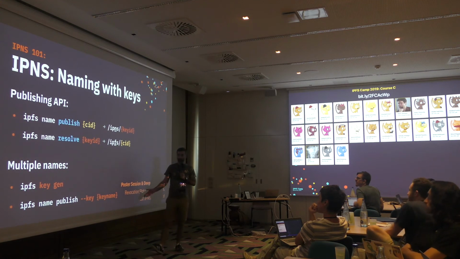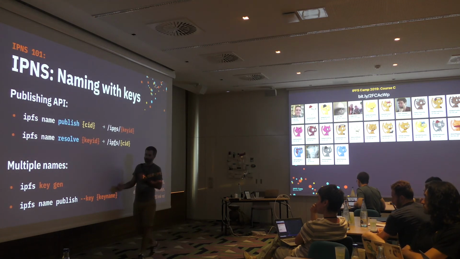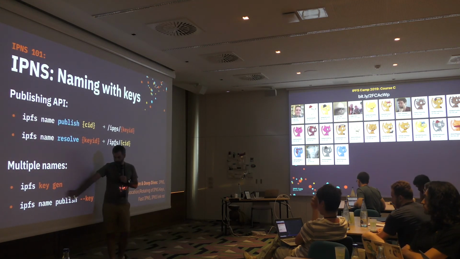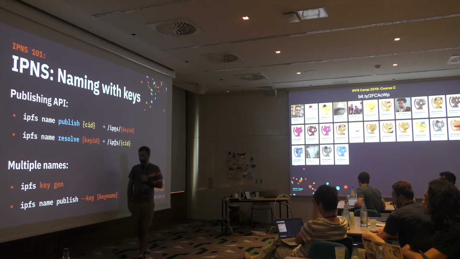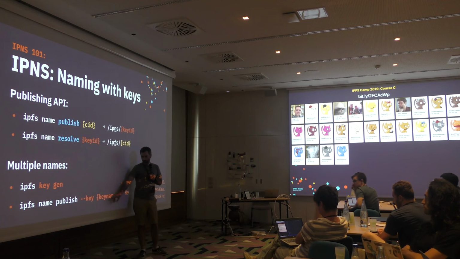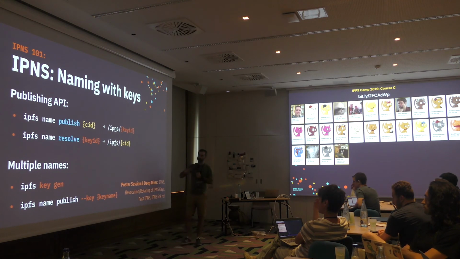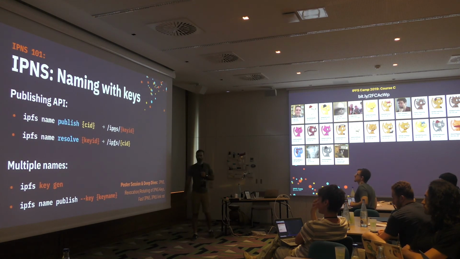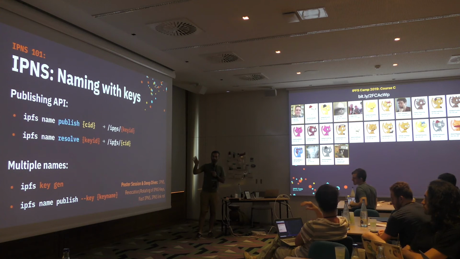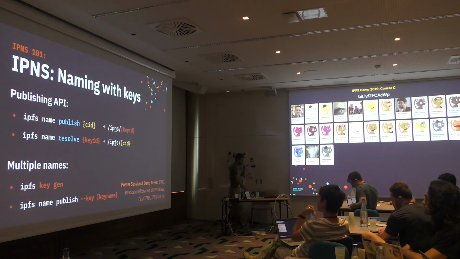So we are gonna want to name more than one thing, right? So we have an API for that. We can generate several keys. We can name those keys, and then when you publish, you just pass in the name. And you can do multiple publishes, and you can have key pairs associated with each of the pointers to the content. So let's see if we manage to.